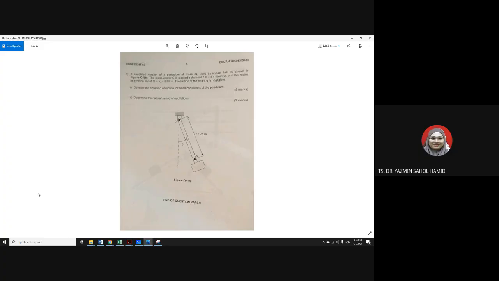Okay, saya nak share you solution untuk dua soalan final lagi satu tu ya. Okay, saya share sekarang. Okay. Ada terima tak? Okay, saya dah share dekat group.